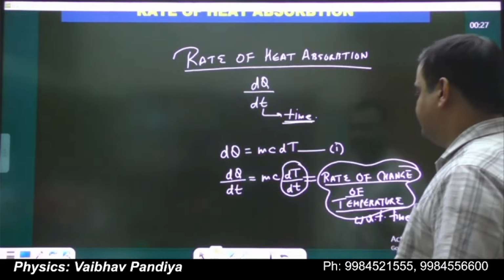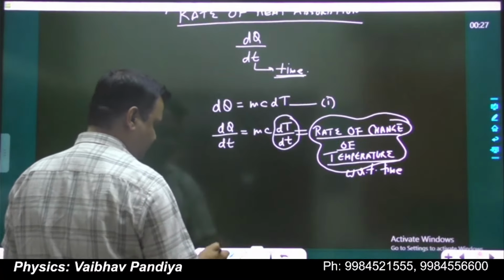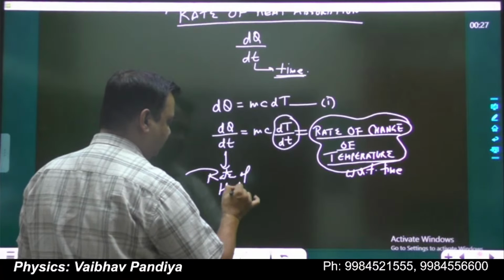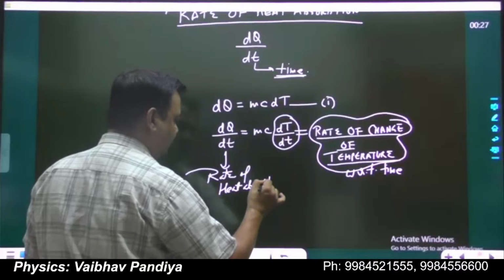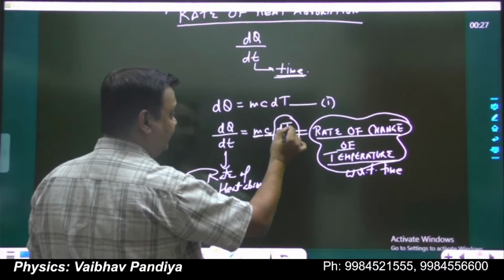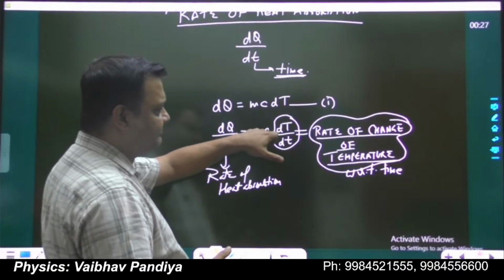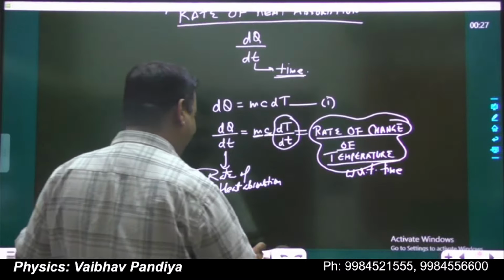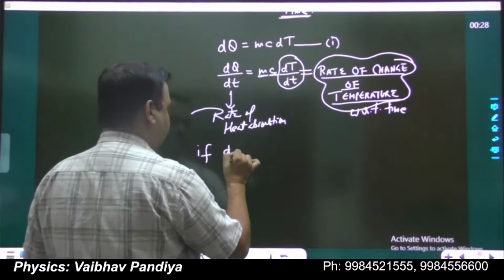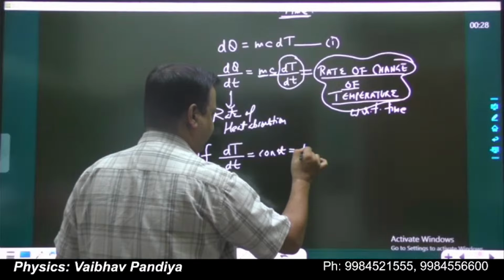So you got the formula: the rate of heat absorption is equal to mass multiplied by specific heat multiplied by the rate of change of temperature. Now you can be given the values of how the rate of change of temperature varies. If in a particular case, say the rate of change of temperature is constant, if dT by dt is given to be constant, that is a special case, say k.